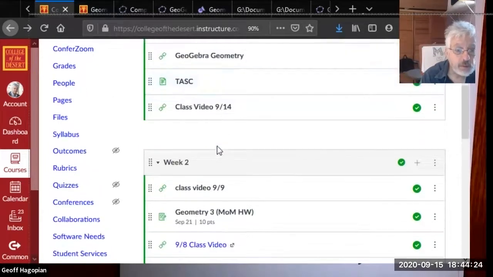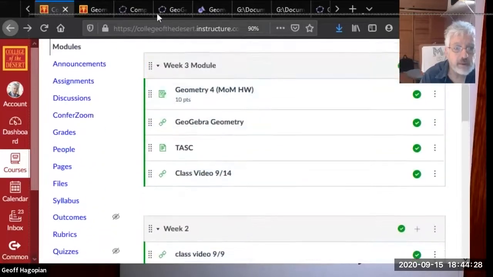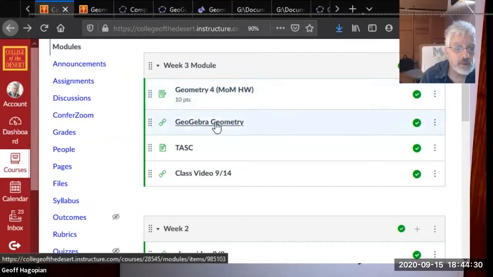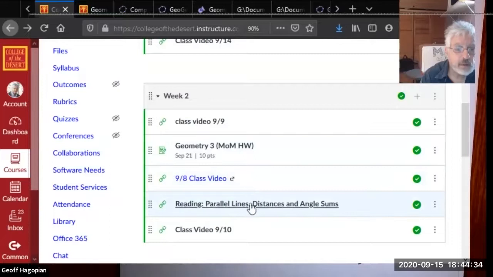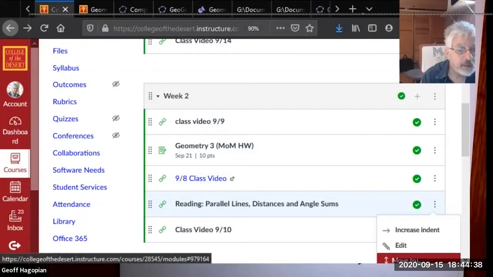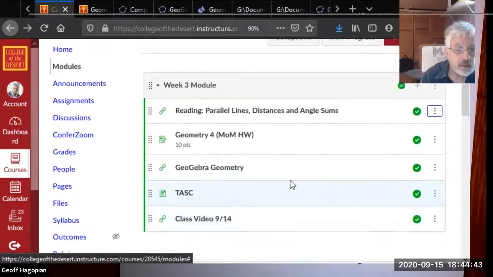So we need 5, and we don't have 5, right? So how do we get 5? Well, we can go to reading section 4, which is this one. Let's move that also up to week 3. So it's there.